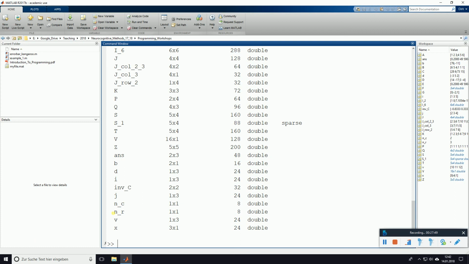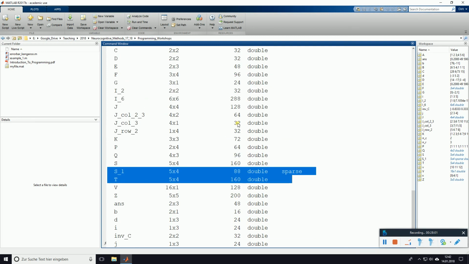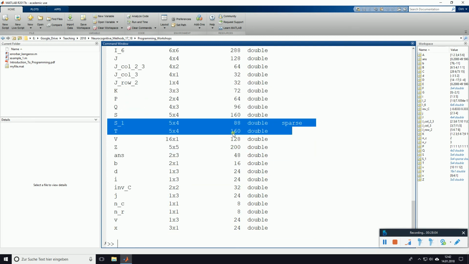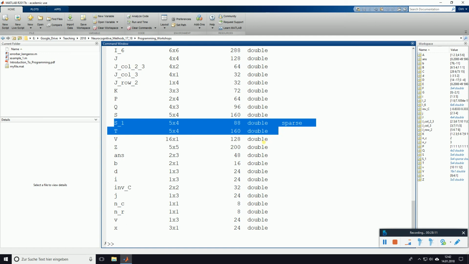The interesting thing is actually this here. In memory, the full matrix is bigger than the sparse matrix, almost double the size, because here, of course, every zero is represented, and in the sparse matrix only the entries are actually stored, and the rest is zero. So this, of course, makes a lot of sense if you have very large matrices that you want to save with very few bits.